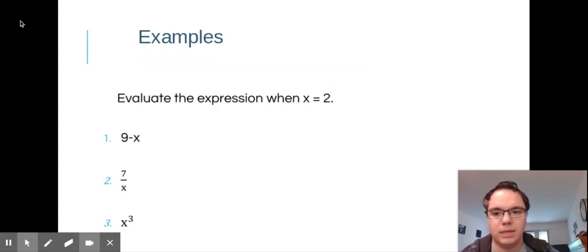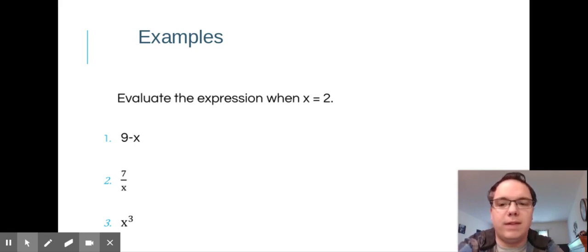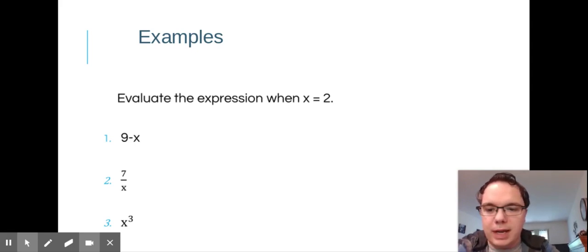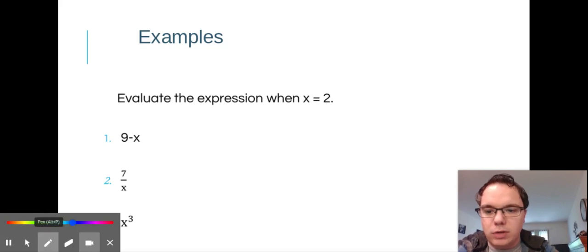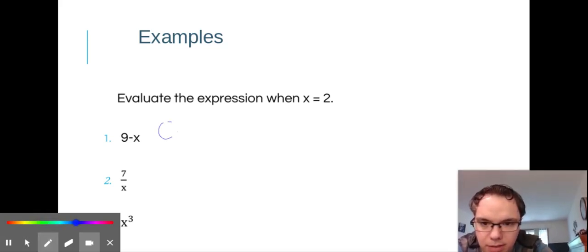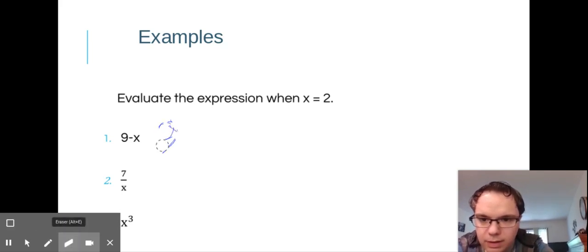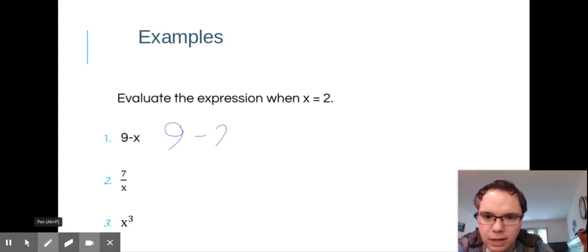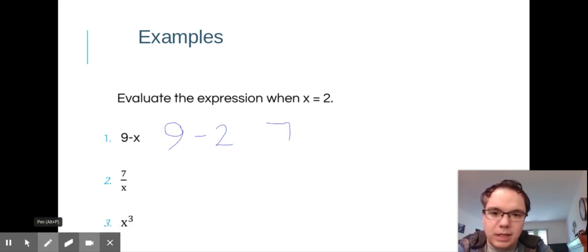All right. So we're going to evaluate the following expressions when x equals 2. If we have 9 minus x and we replace the x with a 2, we'll have 9 minus 2, and 9 minus 2 is 7.